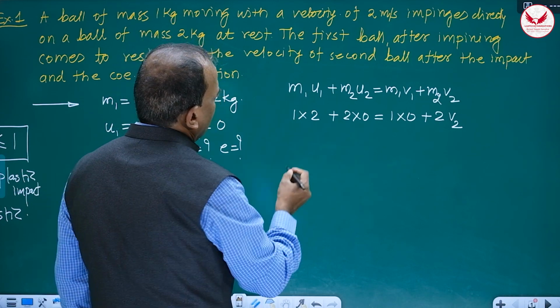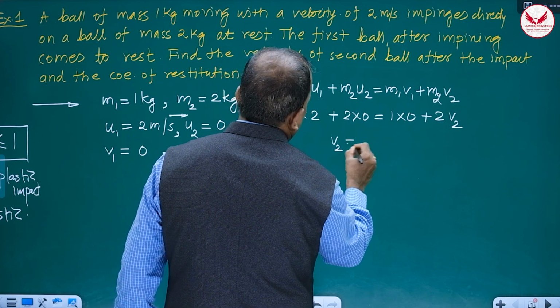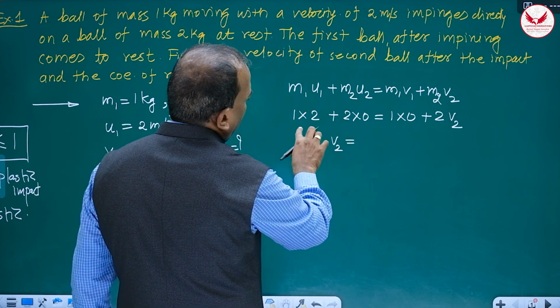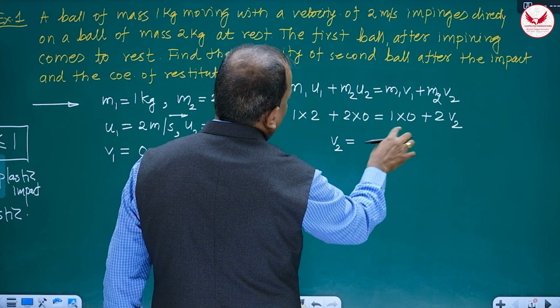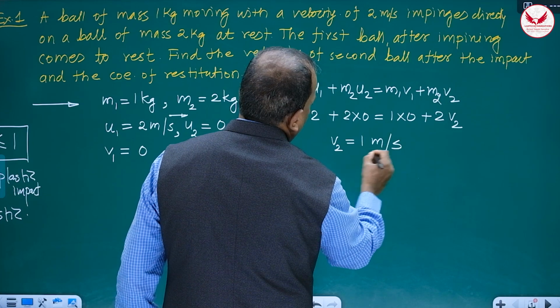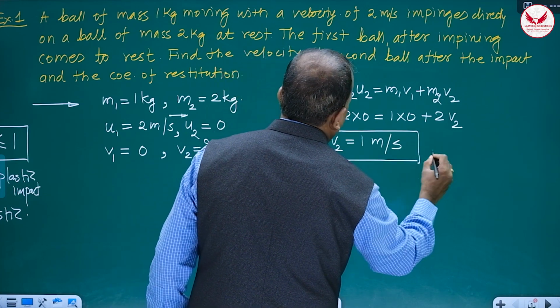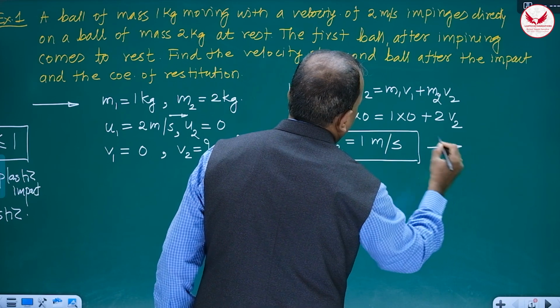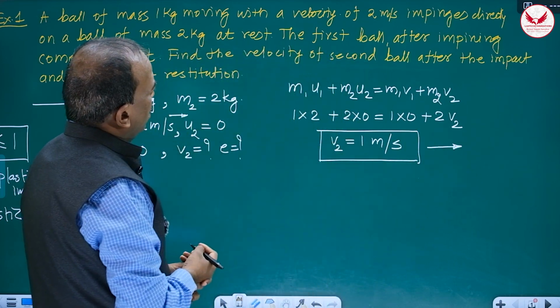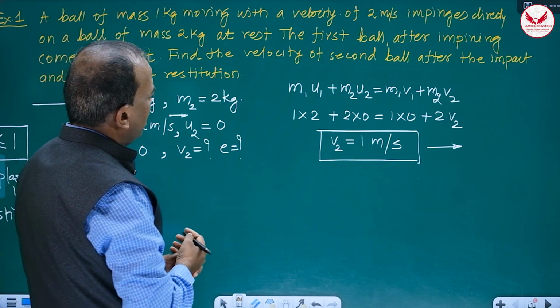So we'll get V2 is equal to, the 2 will get cancelled, these values are 0, it is 1 meter per second. And since we are getting a positive value, V2 is also towards right. So the velocity of the second ball after the impact is 1 meter per second.